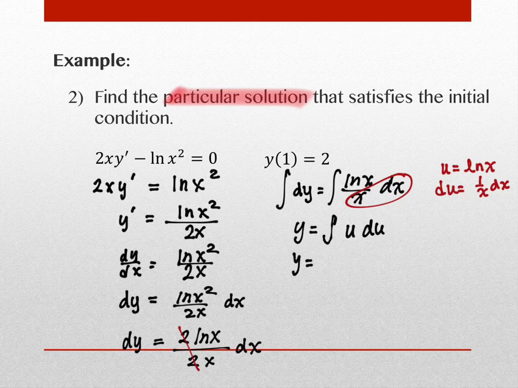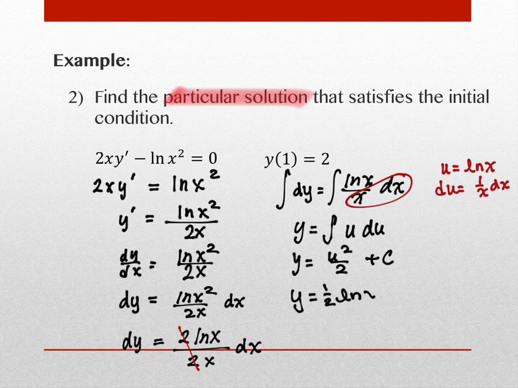So then, what is the integral of u? U squared over 2 plus c. Okay, then put the u back in as natural log of x. So natural log, and we can write the 1/2 in front if you don't want to write it as over 2. Either one's fine.